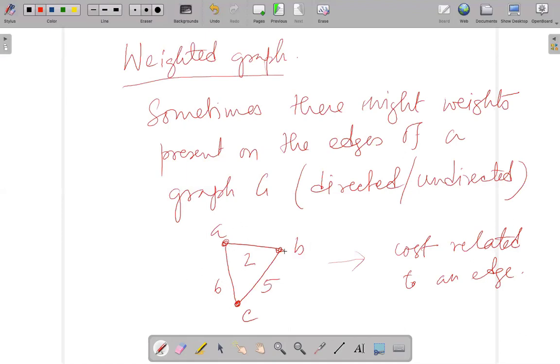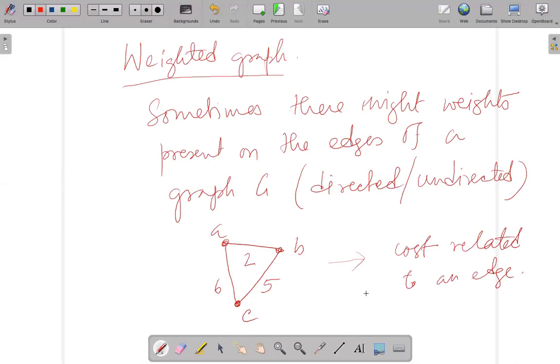These edges could represent the distance from city A to city B. So this number here on the edge is showing that the distance between city A and city B is 2 units. Distance between city B and city C is 5 units. Distance between city A and city C is 6 units.